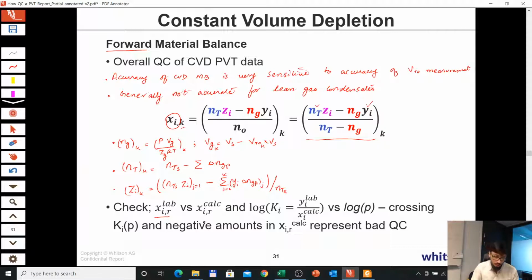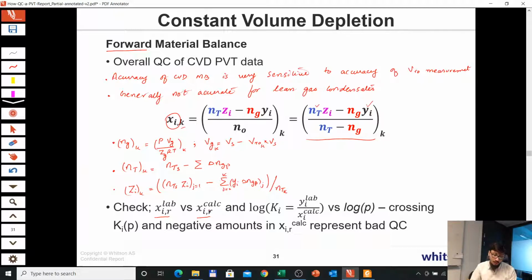And then you can compare the lab reported XI with the calculated XI value at the residual pressure stage. So that's one comparison you can do, and you can also check whether you have any negative mole fractions calculated at any pressure stage, because you know the oil composition cannot be negative.